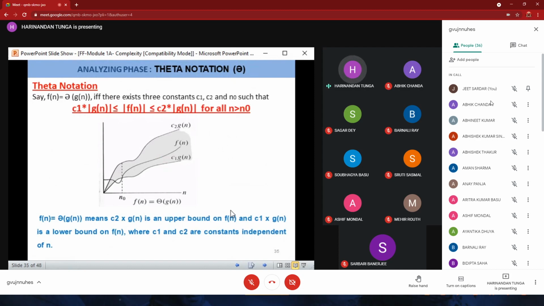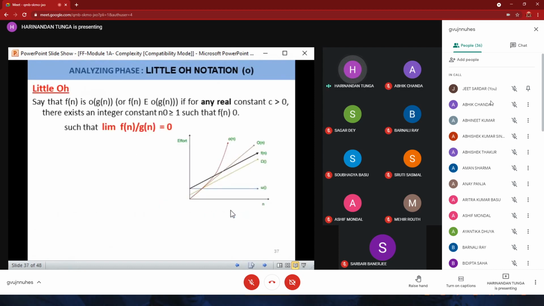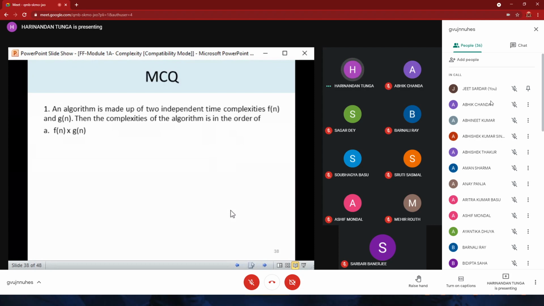The little omega is over. Now then to start the MCQ on asymptotic notation. Some multiple choice questions discussed on the topic of asymptotic notation. Okay.